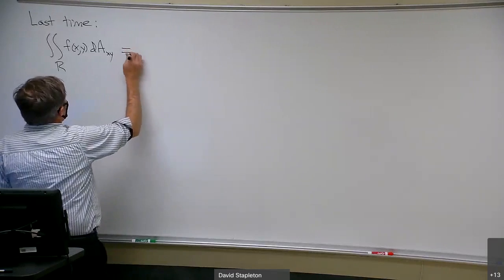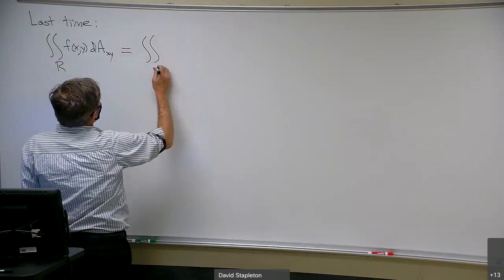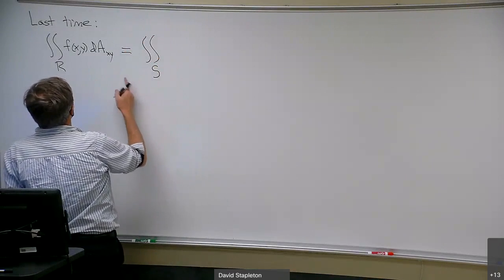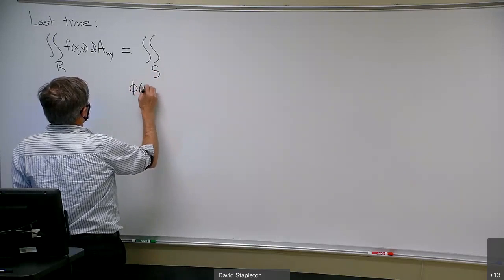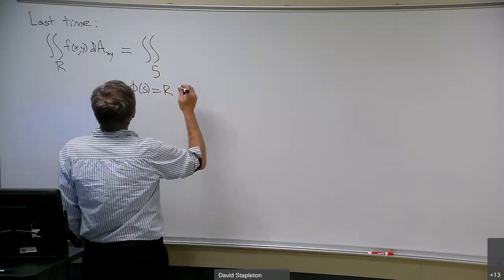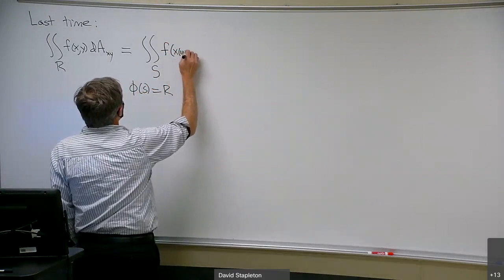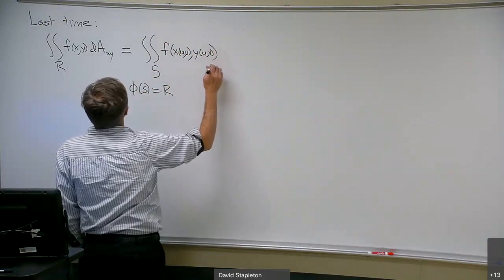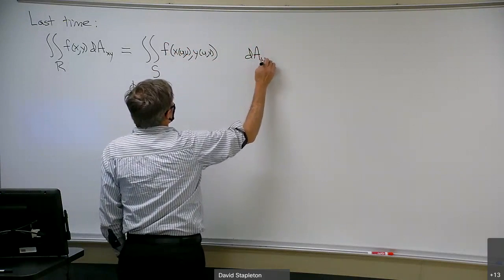You can rewrite it as the double integral over the region whose image is R, where phi of s is R, of f of x of u and v, y of u and v, a new set of coordinates, dA in uv, provided what?